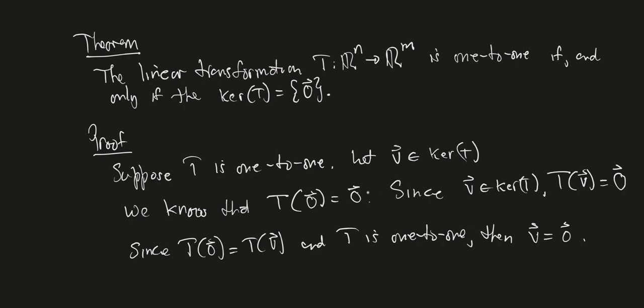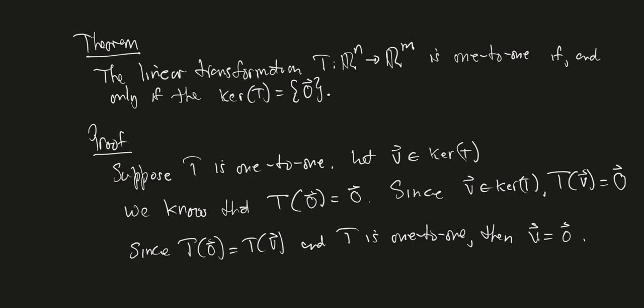So again, just to summarize: this is due to the definition of our kernel. This is a property that we proved several videos ago. And using the definition of one-to-one, if these two outputs are the same, then because the transformation is one-to-one, the inputs would have to be the same.